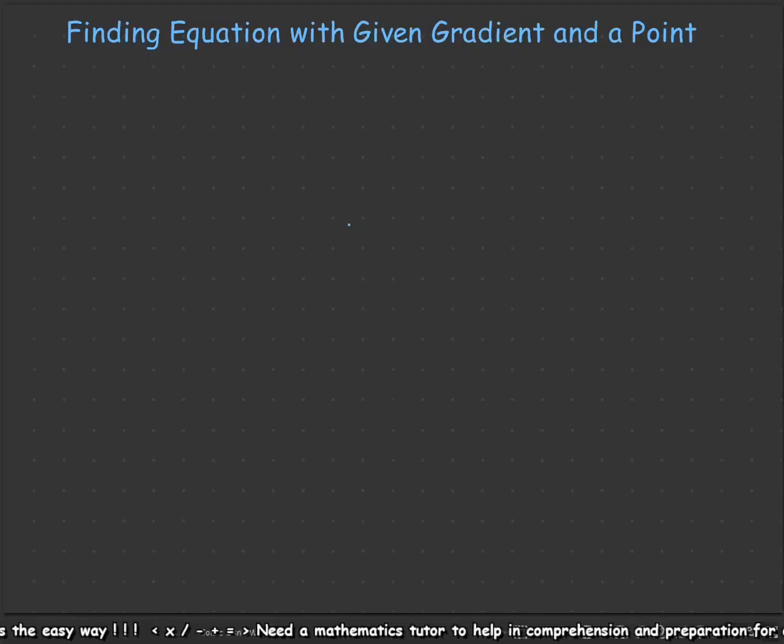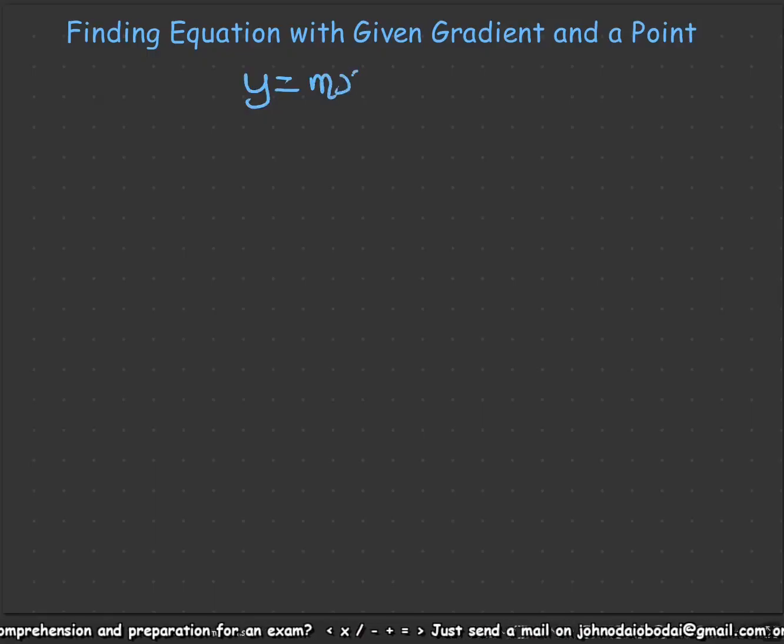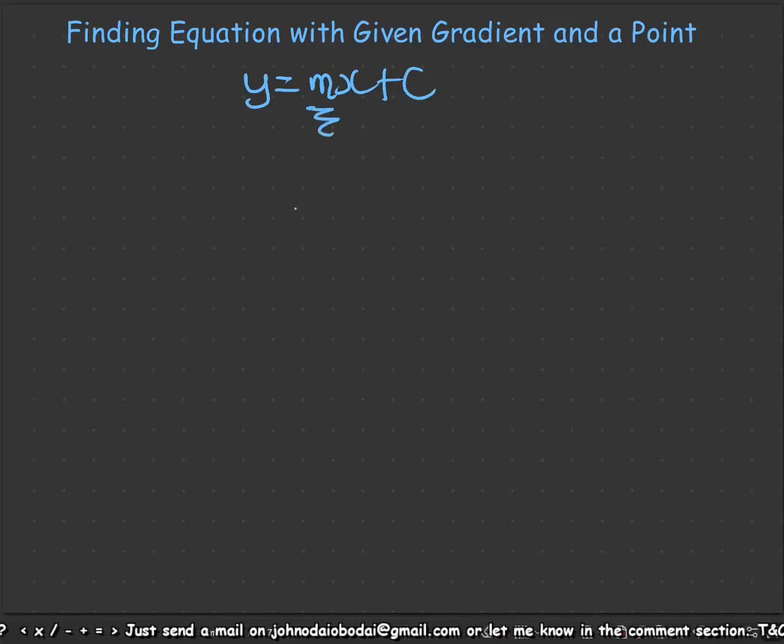So the question now is, how do we find the equation when we are given the gradient of a line and a point? Remember we said the equation of a line, that is the slope equation, is y is equal to mx plus c. So we want to be able to find this equation when we are given the gradient and one point.